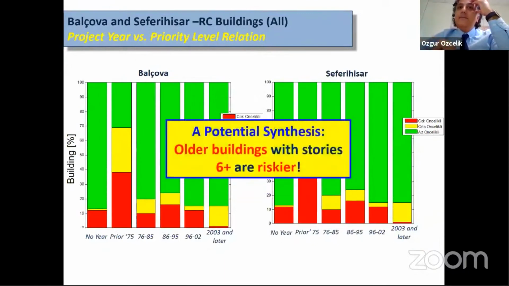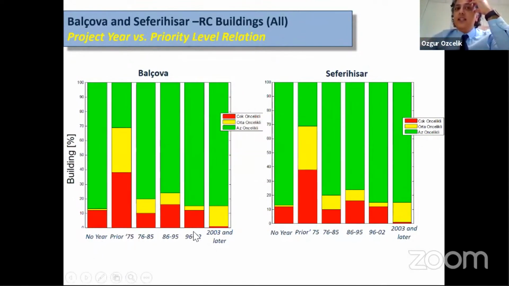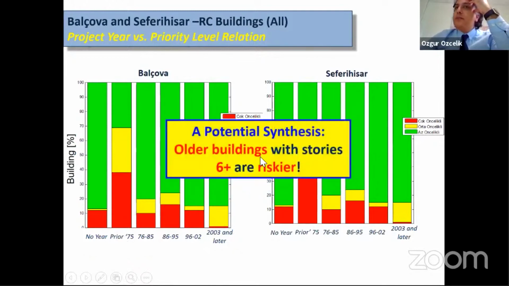A second result was here: the x-axis is the year in which the building was built, and the y-axis is the building percentage. And as you can see, older buildings have higher priority. So a potential synthesis from this work was older buildings with 6 stories and higher are riskier.